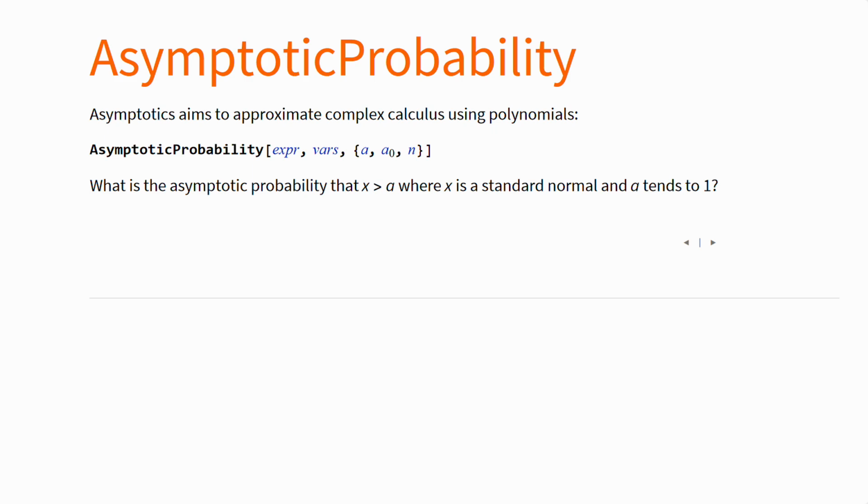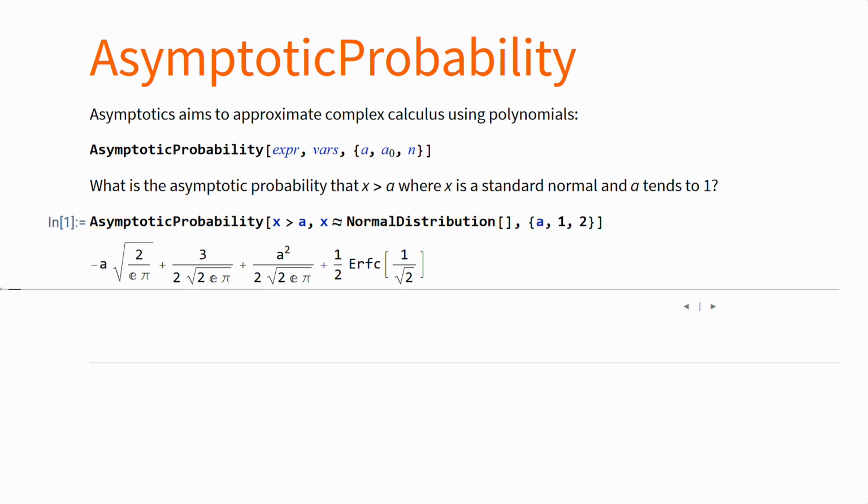So, what's the asymptotic probability that x is greater than a, where x is a standard normal and a tends to 1? Take the asymptotic probability x is greater than a, x normally distributed, and a around 1, let's say with 2 degrees. And here's the approximation.